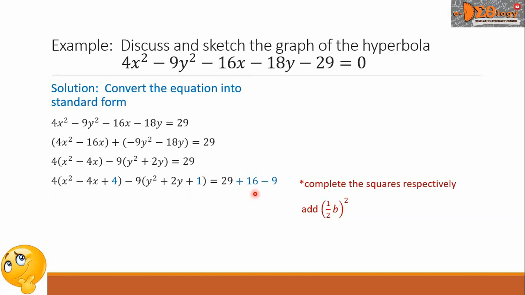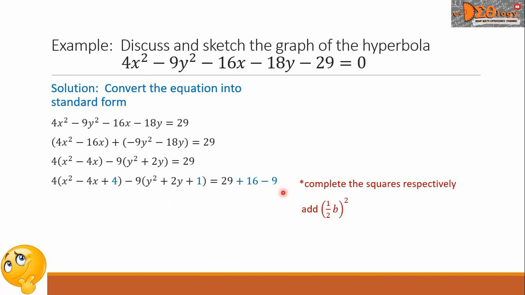The same is true with this −9. We see here a +1 that when we multiply this to −9, the answer is −9. We are adding a −9 value to the left side, and that same value must be added to the right side.